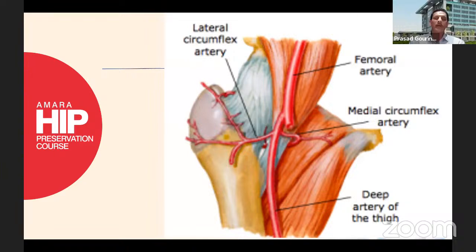But a more recent study, not recent actually, even as old as Sevitt and Thompson from 1961, I'll show you some slides, there is no real anastomosis. This particular vessel, as you see here, femoris, lateral circumflex, medial circumflex. The lateral circumflex is the most important blood supply to the hip on the anterior aspect.